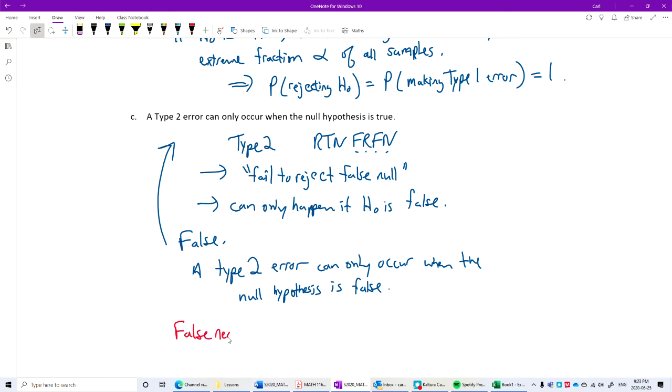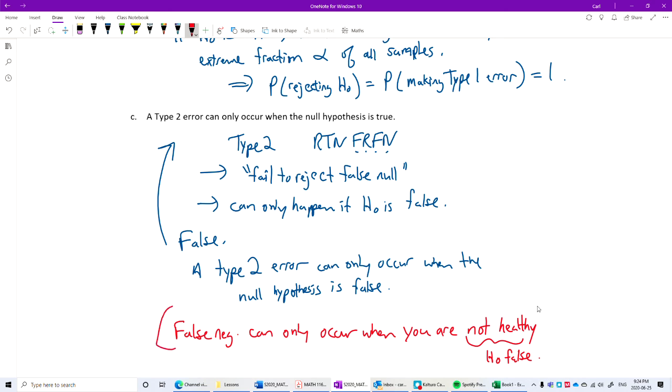A false negative can only occur when you do have the disease, when you're not healthy. Not healthy means H0 is false. A false negative can only occur when you are not healthy.